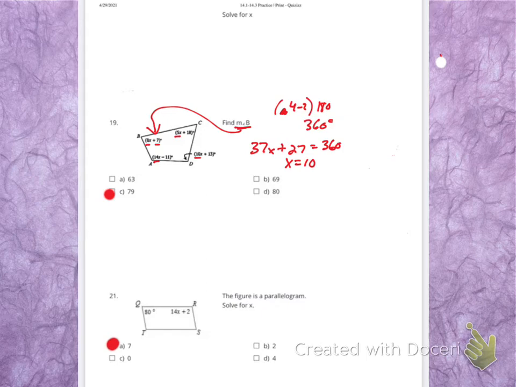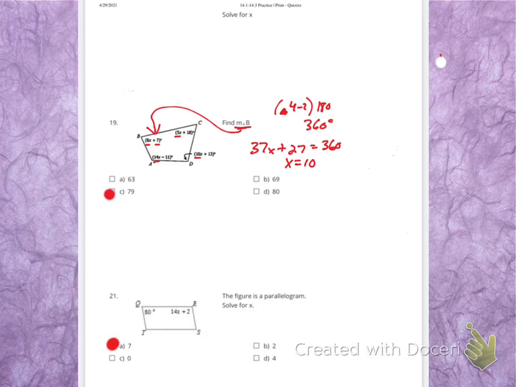Let's find out what I did wrong. Find measure B. I think this is 8x plus 7. So 8 plus 5 is 13, 23, 27, 37. So that's right, 37x. Plus, let's do this one more time, 7 plus 18 minus 11 plus 13 is equal to 27.